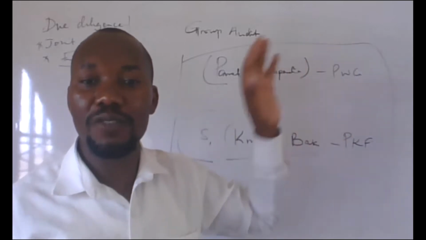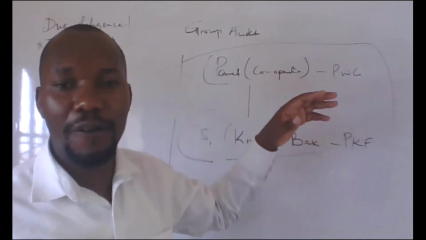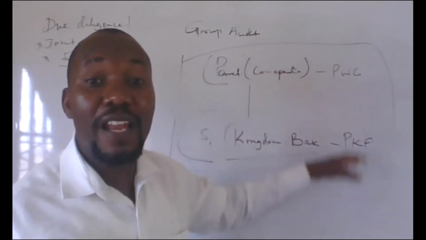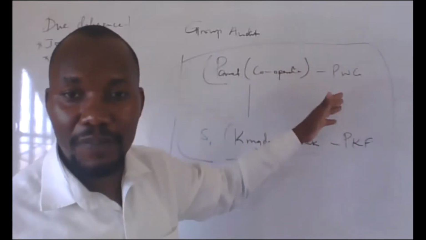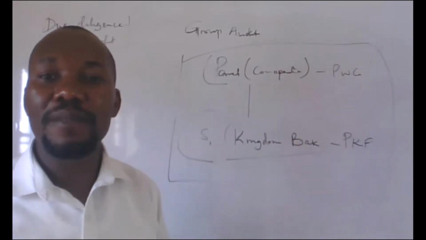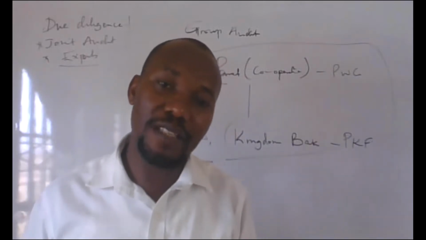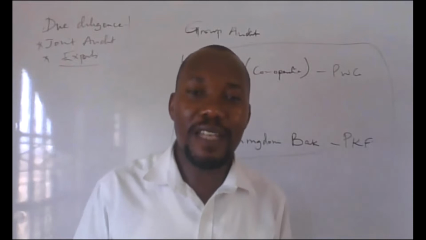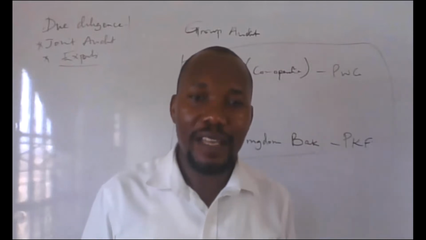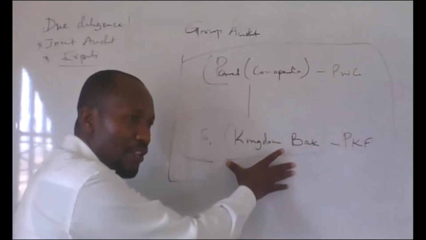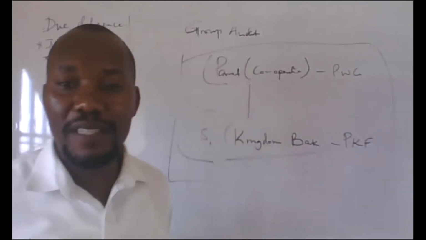With one firm, they will give few staff and you negotiate with one firm. But in this case, you have to pay money that will be divided amongst the 2 or 3 firms. You have to give them systems, maybe laptops if they want, separate machines for use, internet, then you pay them well and accommodate them. So on the part of the company being audited, it is becoming expensive.